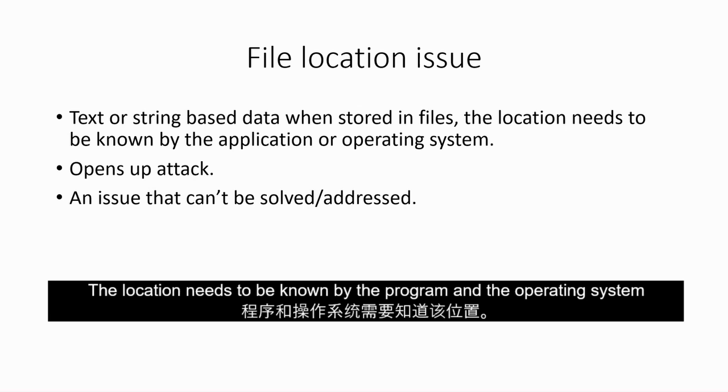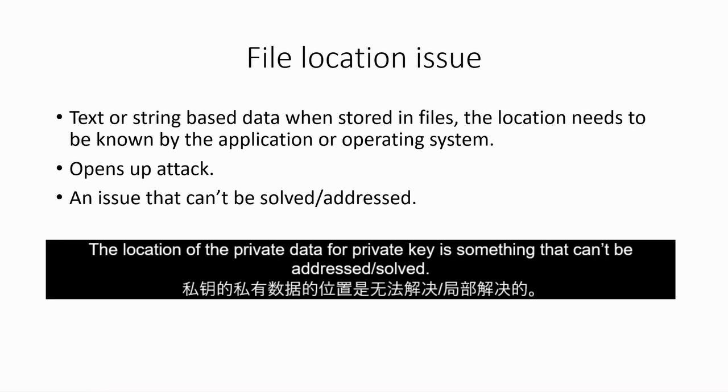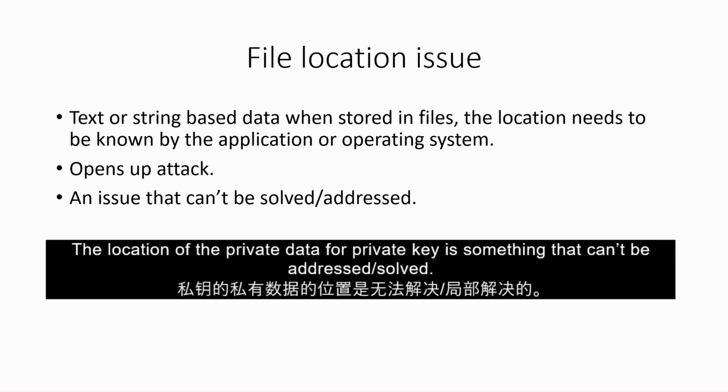The location needs to be known by the program and the operating system. This opens up attacks for the attackers. The location of the private data for the private key is something that can't be addressed or solved.